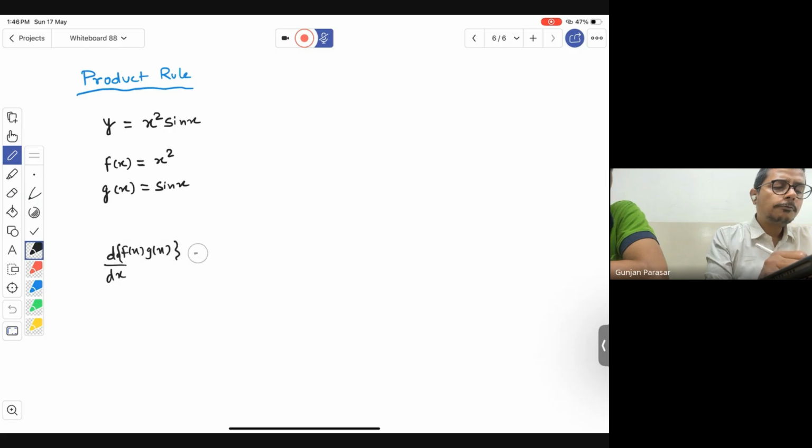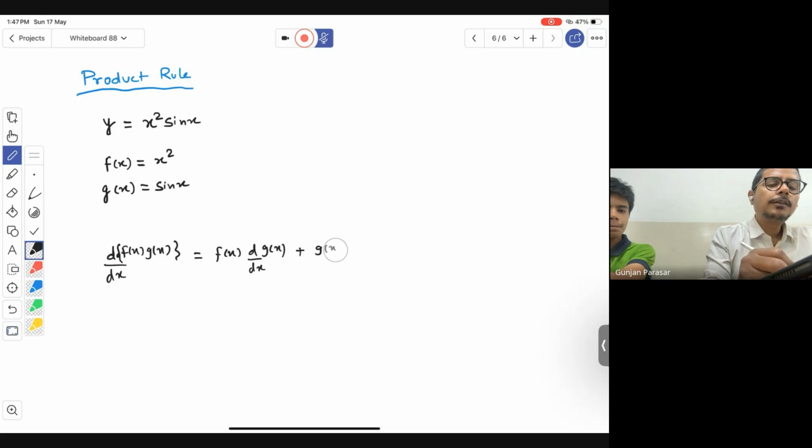So f of x and g of x are both inside the operator. You send f of x outside to play, and g of x will remain inside for studies. And g of x will cry, I also want to go outside, so send him out and f of x will remain inside. So have you got the formula now, how it works?